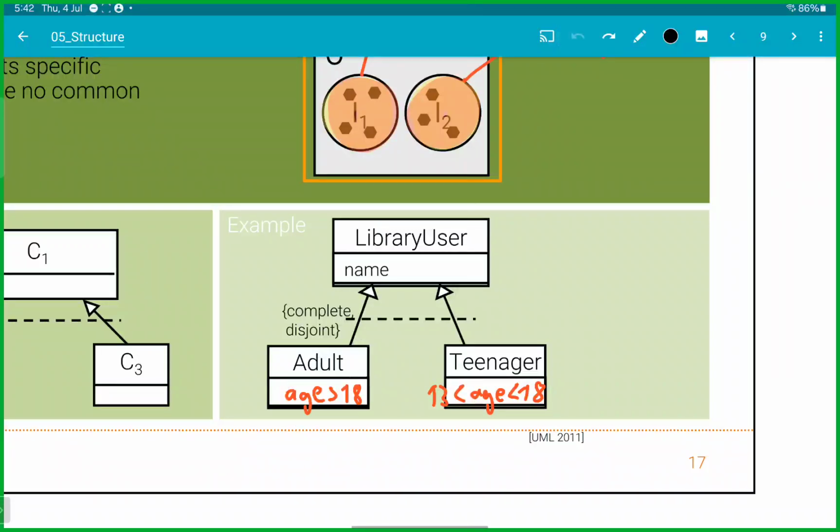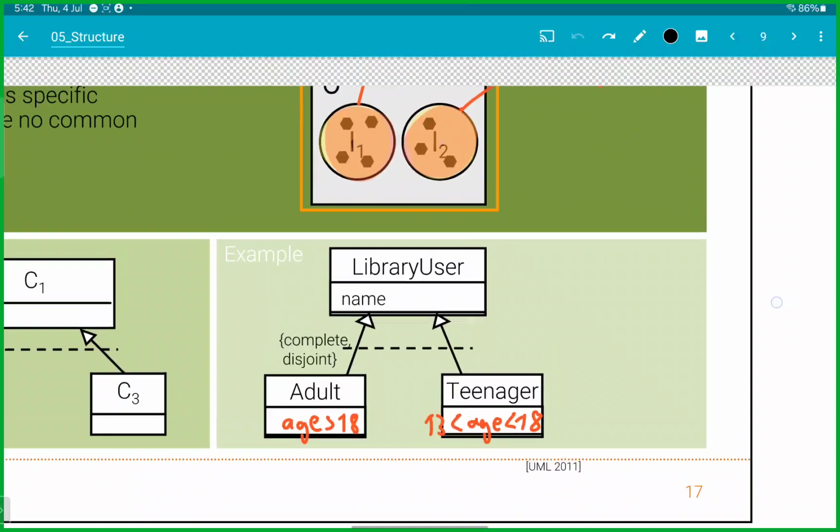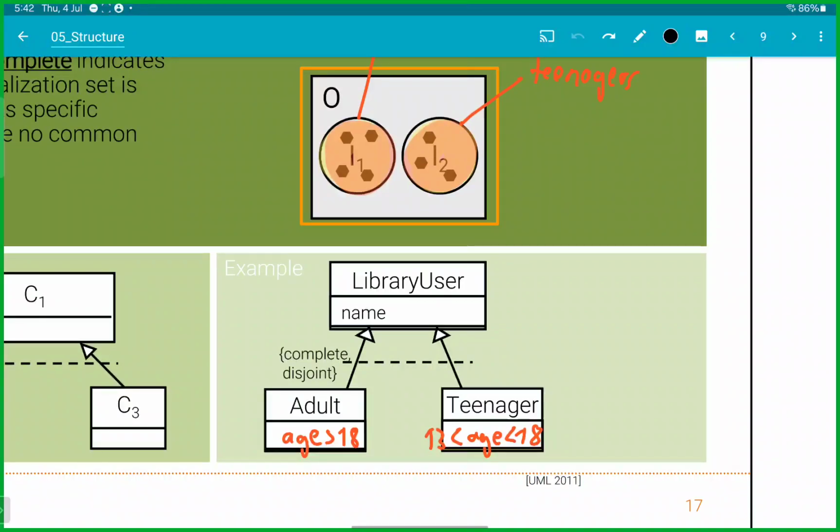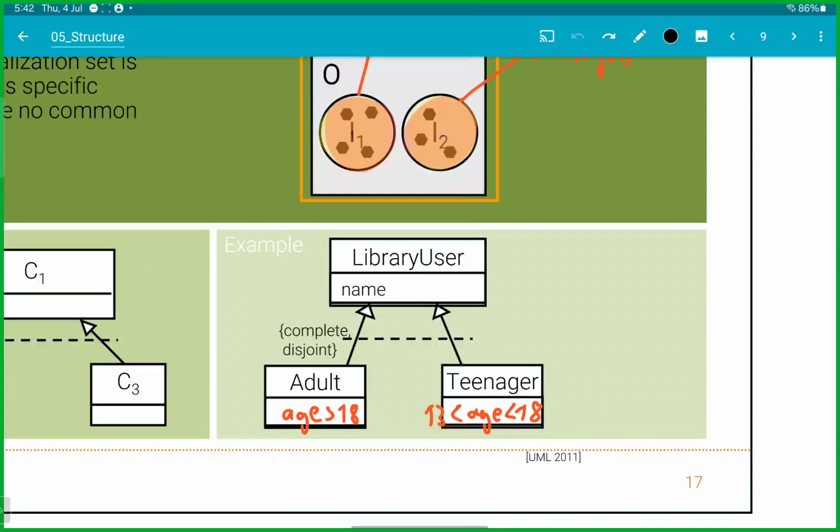So adults cannot be teenagers and teenagers cannot be adults. Anybody who's above the age of 18 will be an adult. Anybody who's below the age of 18 will be a teenager. So this is called non-overlapping or disjoint, yet also complete.